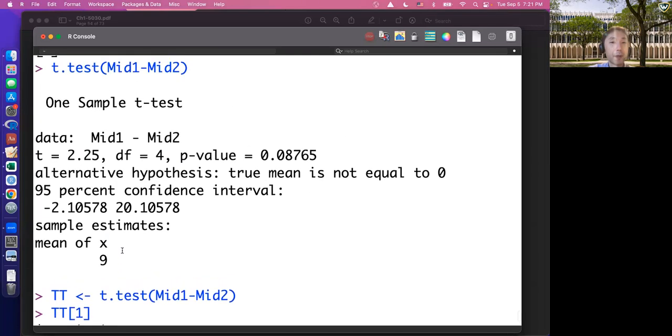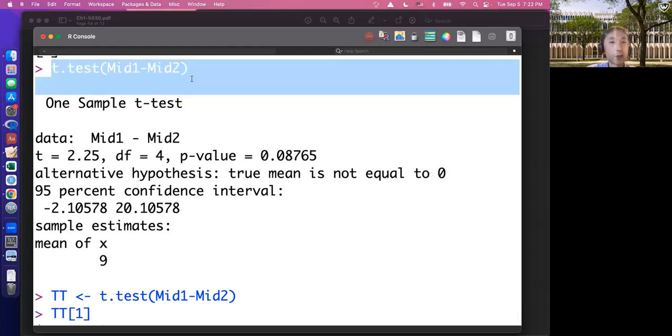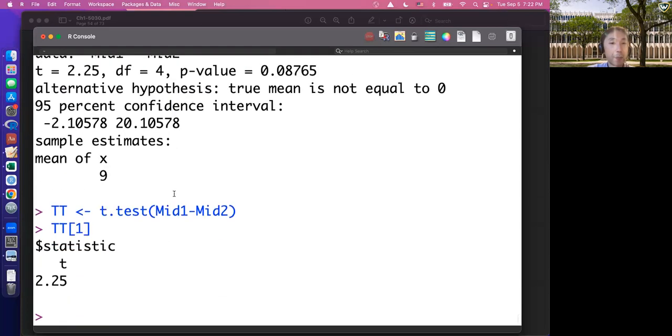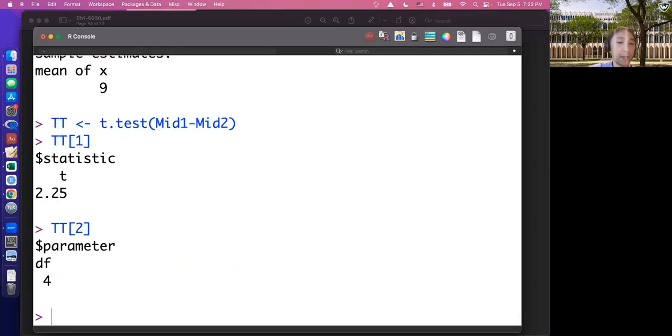So this output itself is shown with some beautification, but basically the structure of this object is that the first element is the t-statistic, and the second object in this list, TT, is the parameter, the degrees of freedom, named parameter.